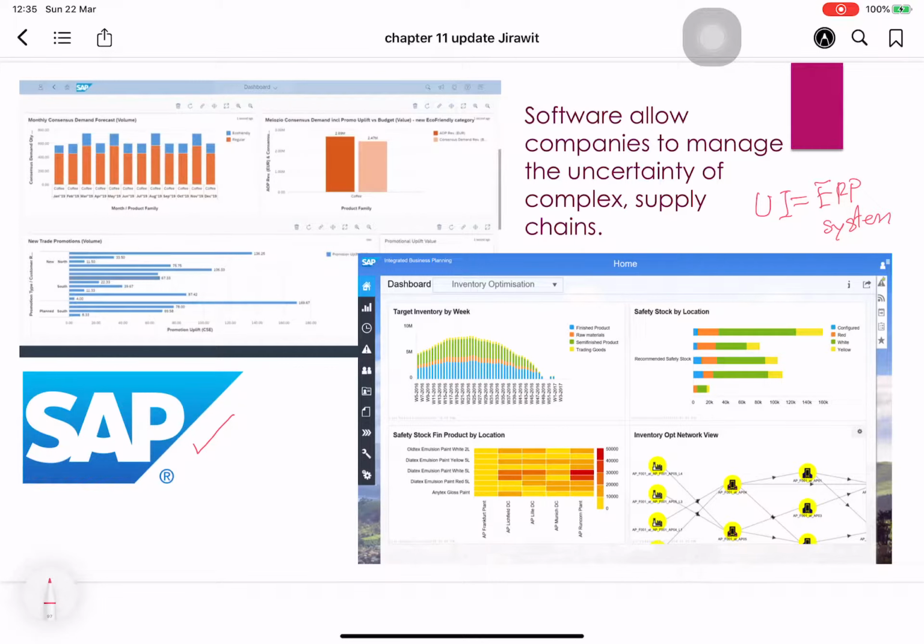Okay, that the software to do ERP, that enterprise resource planning. The software allows the company to manage the uncertainty of the complex supply chain. This is a SAP.